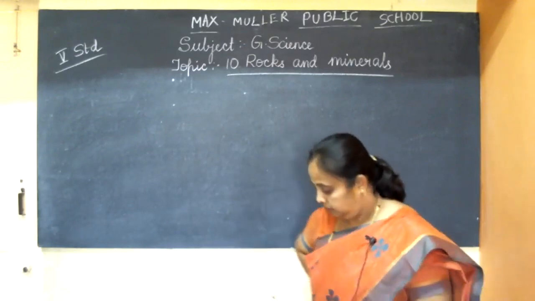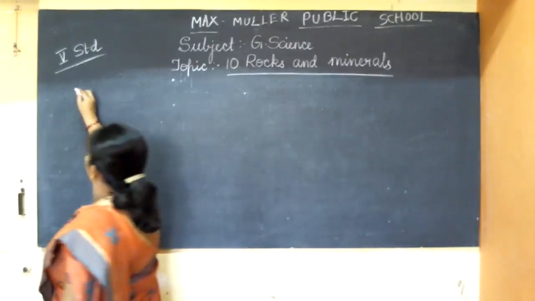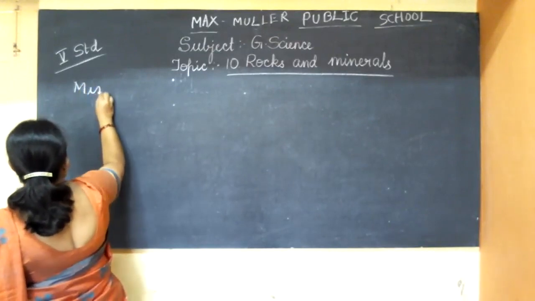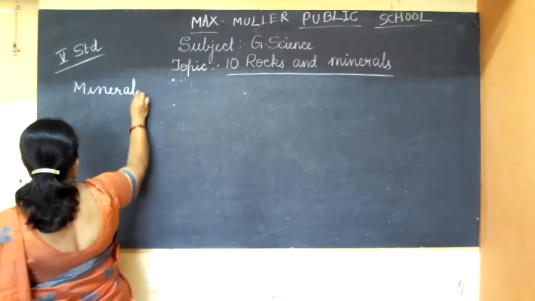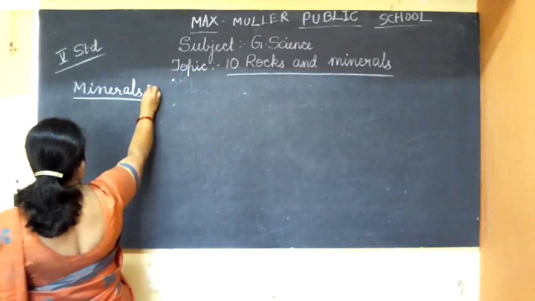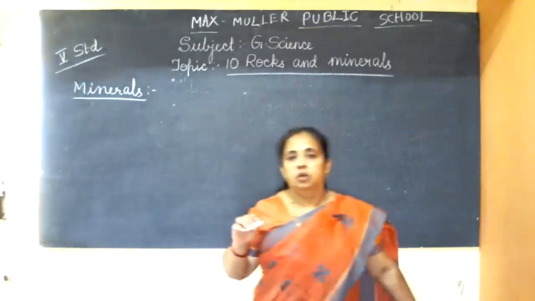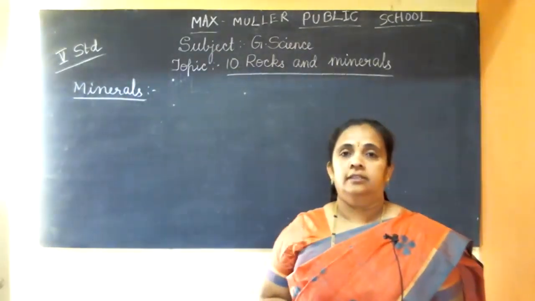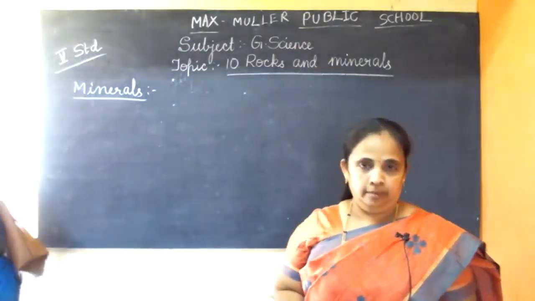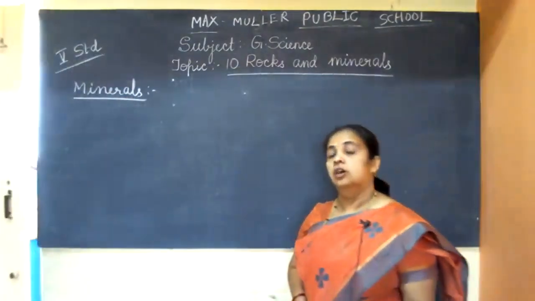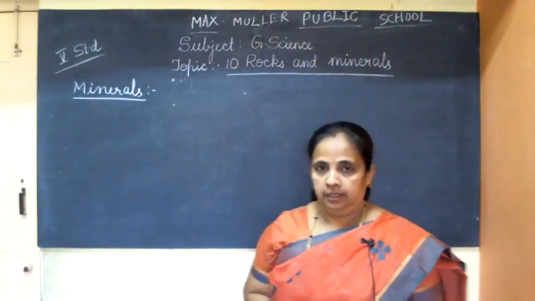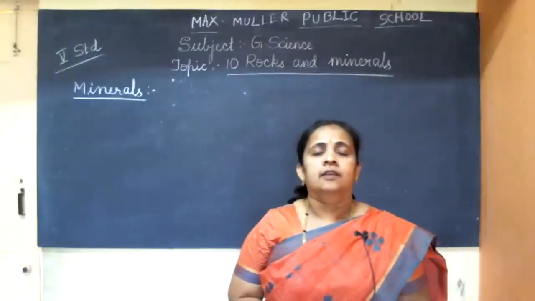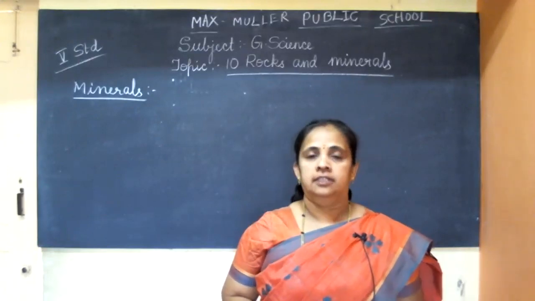So today we'll move to the next topic, that is minerals. In the last class we completed rocks. Now we'll start with minerals. So what are minerals? When I explained the rocks, I said that rocks are made up of minerals. Rocks are a combination of different minerals. So what are these minerals? They are naturally occurring substances.